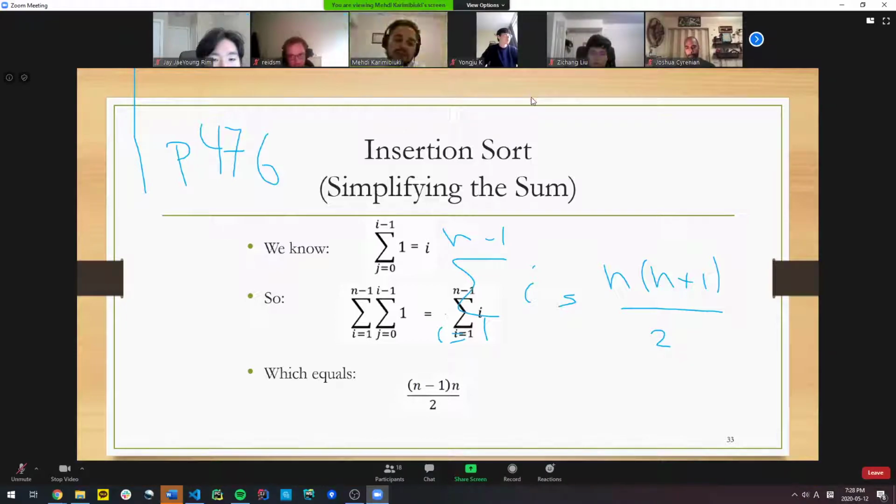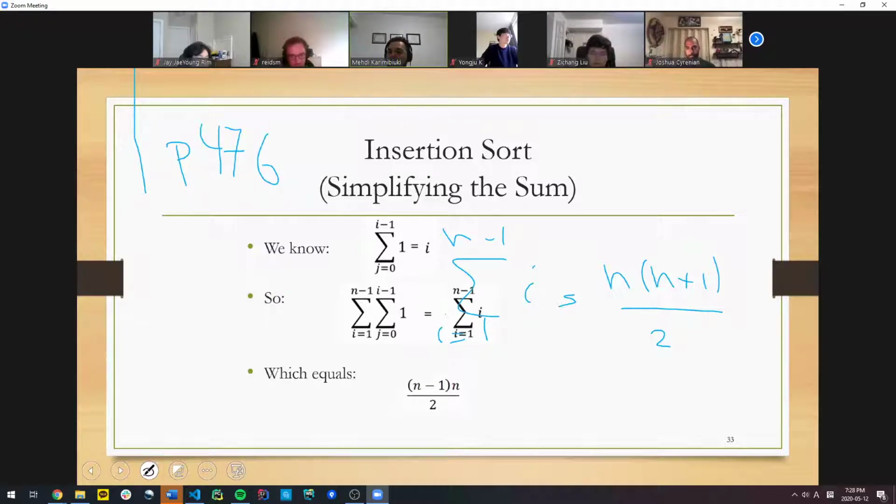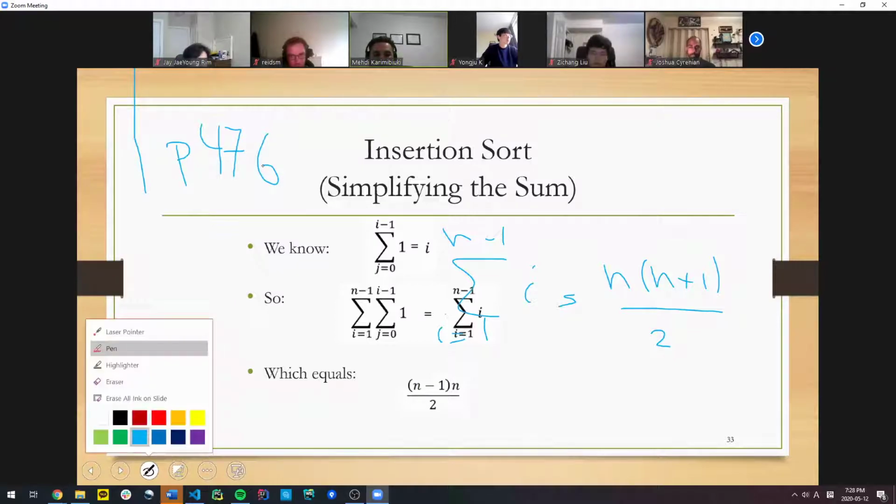So now that we have the upper bound in slide number 33 to be n minus 1, it should be n times n minus 1 divided by 2. Instead of plus 1, it should be n times n minus 1.